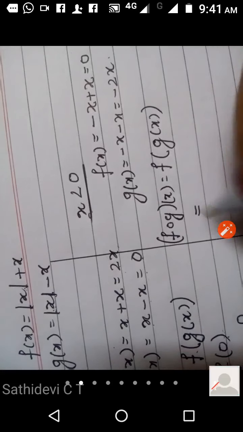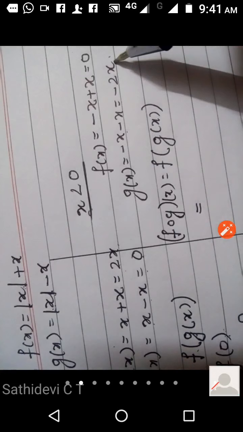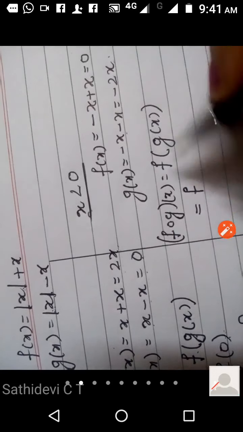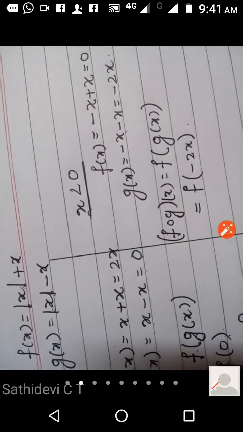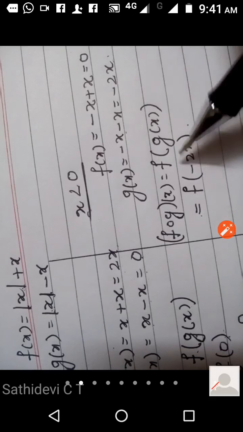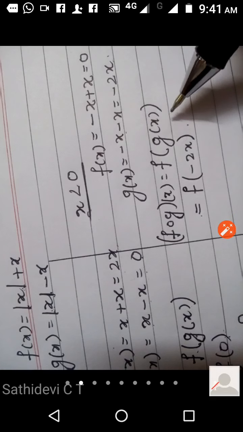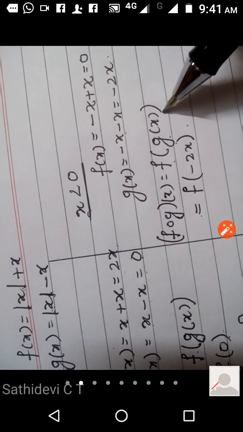Now, here g of x is minus 2x. So this becomes f of minus 2x. You have got f composite g operator on x is f of g of x. G of x is here, this much you got.